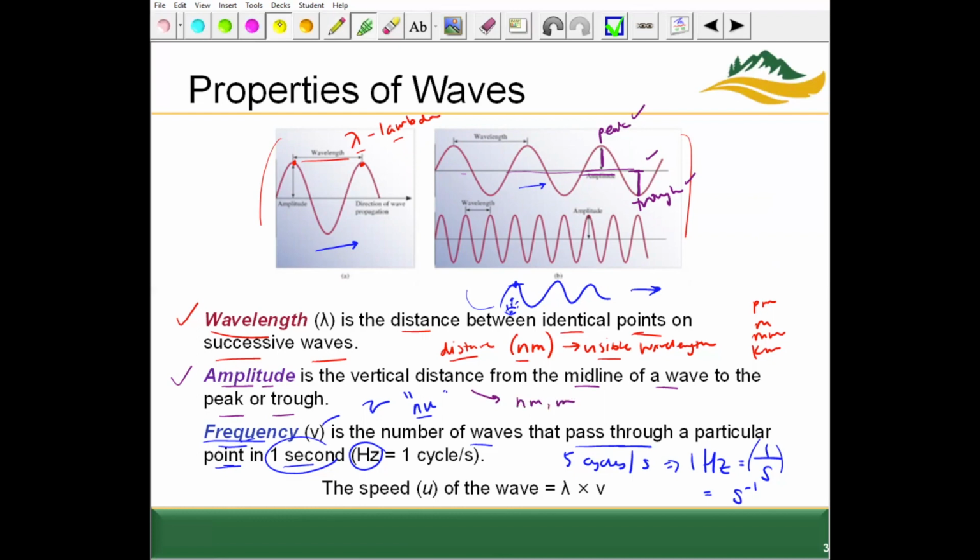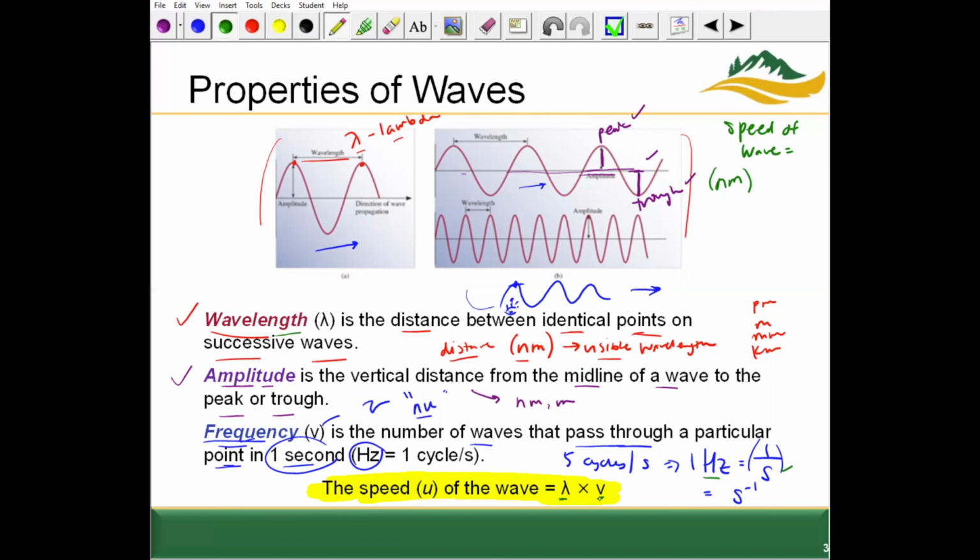And one equation here, the speed of the wave is lambda times the frequency. Let's see how those units work out. So speed of wave is lambda. Lambda is our wavelength. Let's say we're working in units of nanometers. Then this frequency term here, we could say as a hertz, that's the same thing as how many times in 1 second, so 1 over seconds.